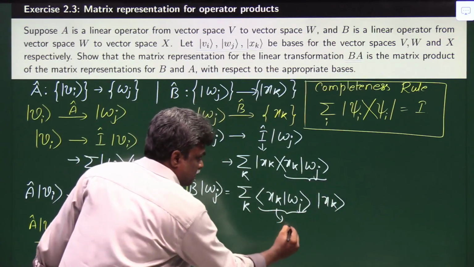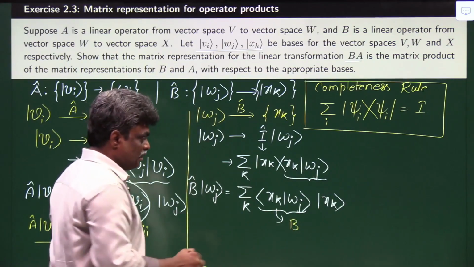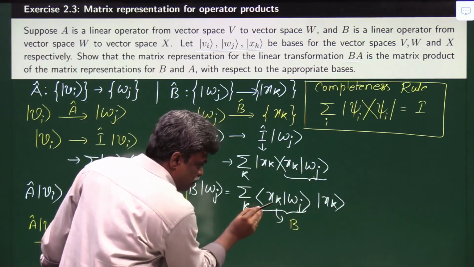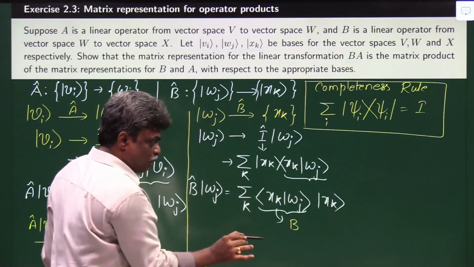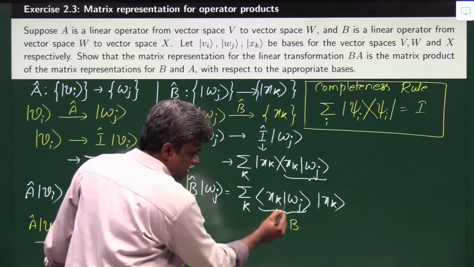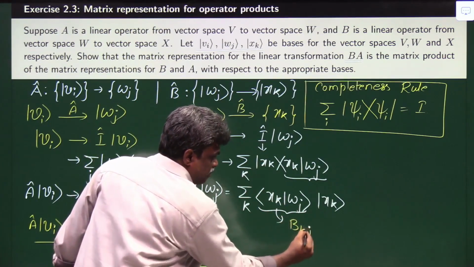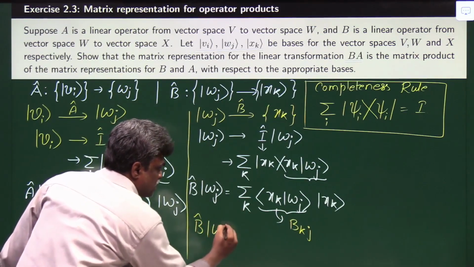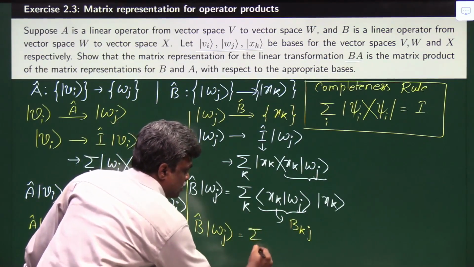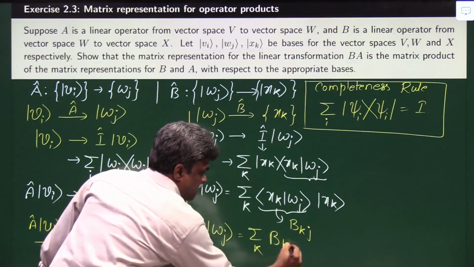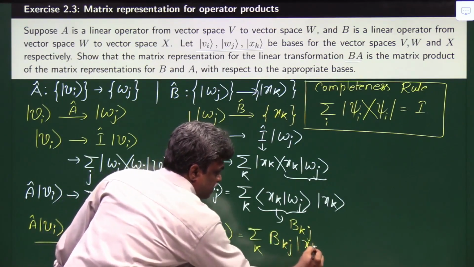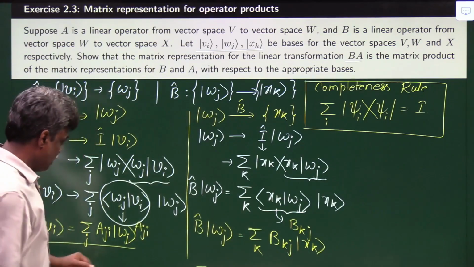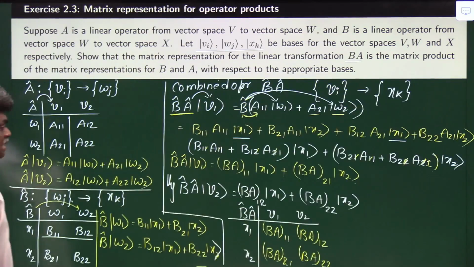Similar to that, this is the matrix element B. This is the row and this is the column. Always take a bra vector as a row and a ket vector as a column, kj. So we can write this as B operates on Wj gives summation over k Bkj and ket vector Xk. So if you observe the earlier example, this one.